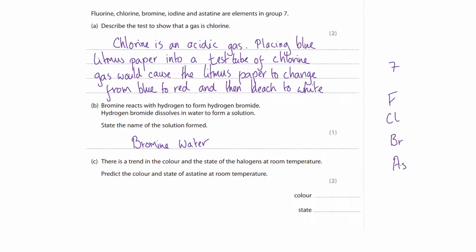Astatine is actually the rarest element on Earth, so I'd like to come across it. Fluorine and chlorine are gases. Oh, we've missed out iodine. Iodine's here. Bromine's sort of a liquid, gas sort of thing. So it gets more solid. Iodine's a solid. So astatine, we're going to predict as a solid.